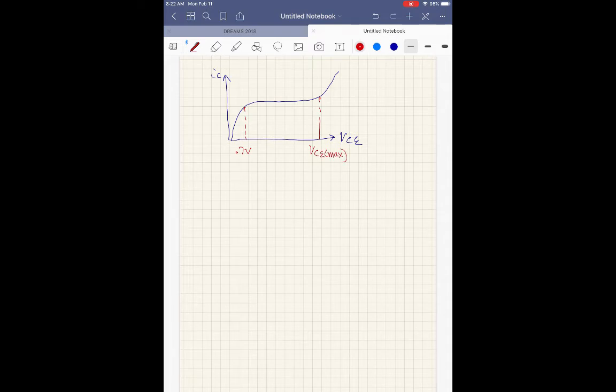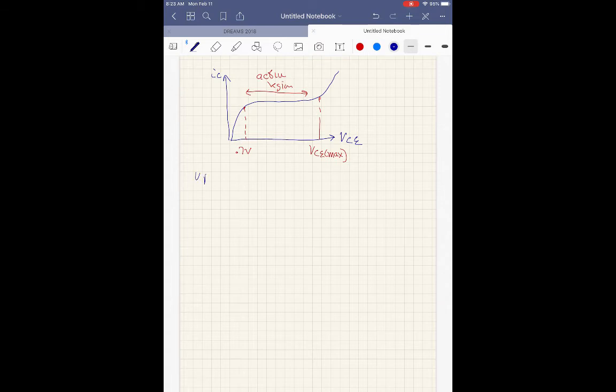Between those 2 points we said was the active region. Less than 0.7 volts we said was the off region. Greater than VCE max we said was the saturation region. Each of those curves, I've only drawn one curve here, but each curve we said was for a different value of base current. And again, this is referred to as a family of curves.